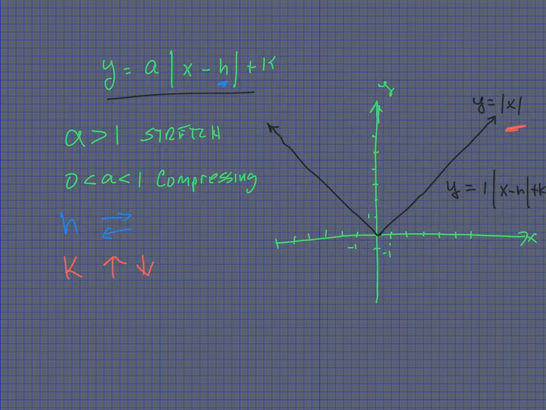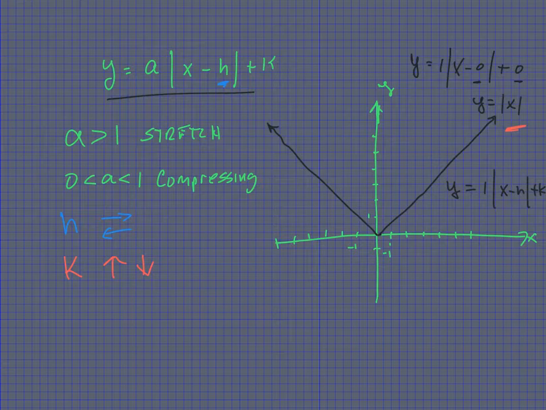Okay, so looking at that, if we have y equals 1 times the absolute value of x minus 0 plus 0, that is what I've just expanded out my parent function to, to see that my horizontal shift is 0 and my vertical shift is 0.